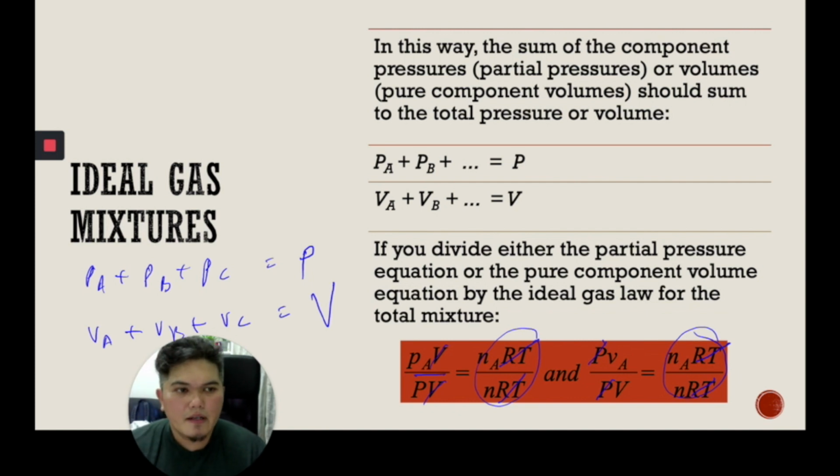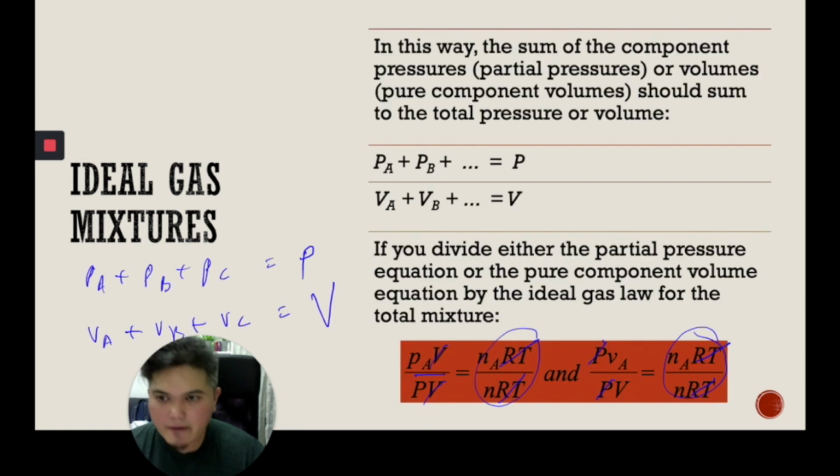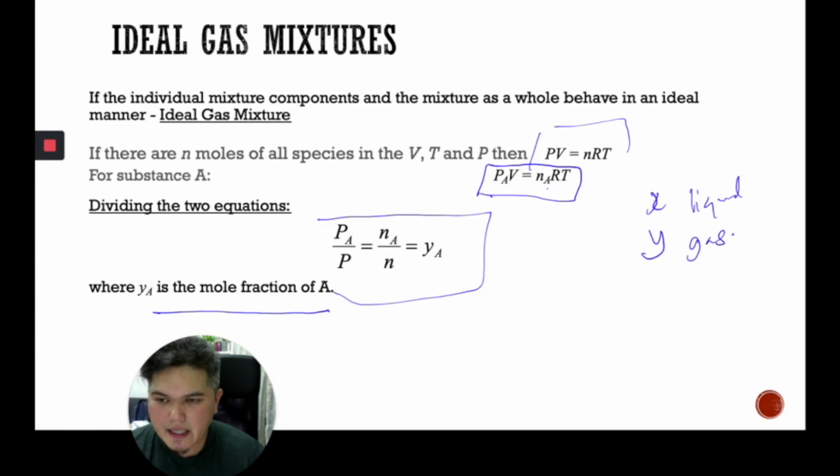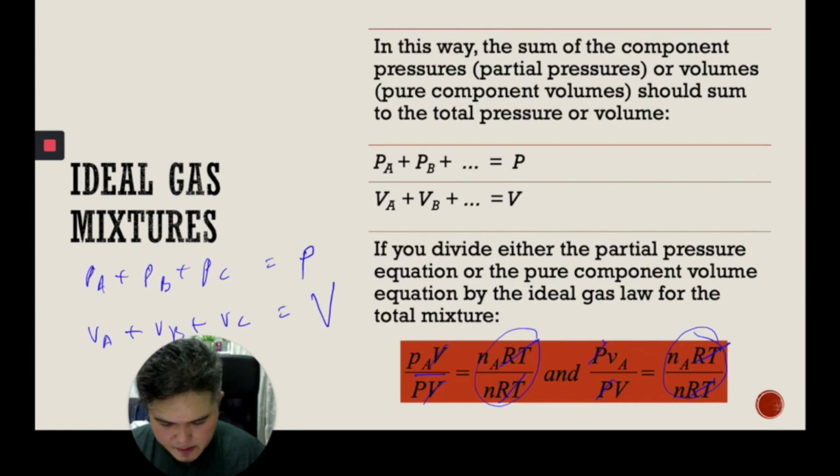Then you know that YA is actually NA over N, which we defined earlier in this phase. NA over N equals YA. So when we know that YA equals NA over N, we can simply substitute in this particular equation. This NA over N is actually YA.